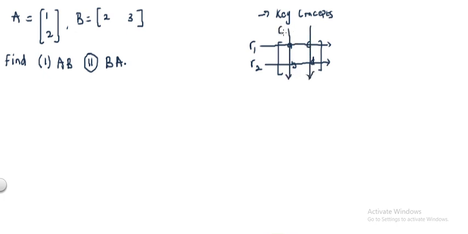So this is column 1, column 2. The order of a matrix simply tells us the row times the column, or we write it as row by column. If this has 2 rows, the columns are 2, so we can write it as a 2 by 2 matrix. That was just what I wanted to say about the concept.